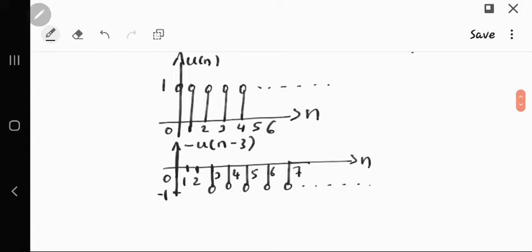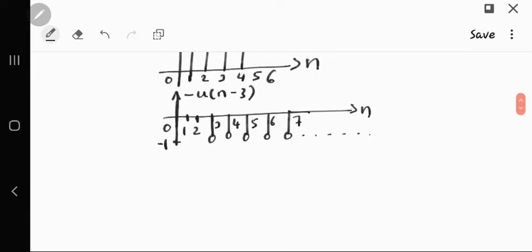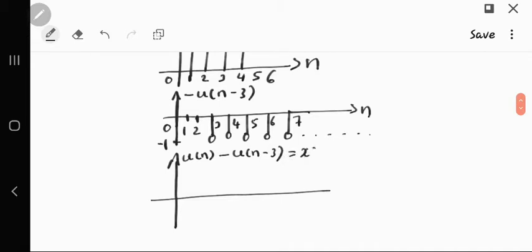If you perform the addition, the signal will look like this. So this is u of n minus u of n minus 3, or you can simply write this as x of n.